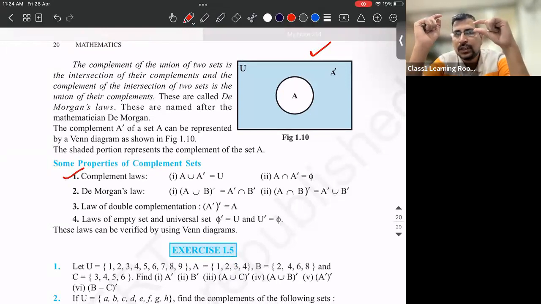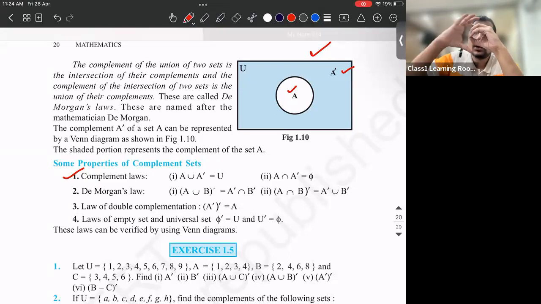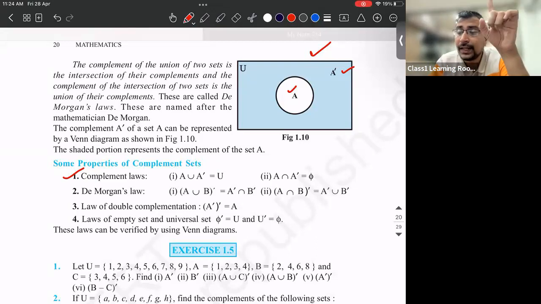If you take the union of the set and the complement of the set, you will get the universal set itself. That's obvious. Whereas if you take the intersection of both, A intersection A complement will be a null set. This is what is called the complement laws.